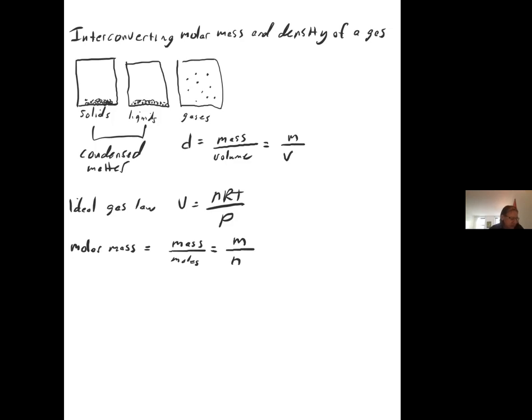So notice we've got 3 equations here that have some similarities, some commonalities, right? There's density is mass over volume, there's volume is moles times RT over P, and then there's molar mass, which is mass over moles. So let me write them next to each other and show you what ends up happening if we just do some simple substitution.